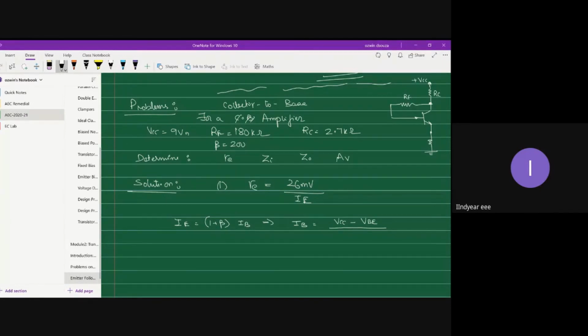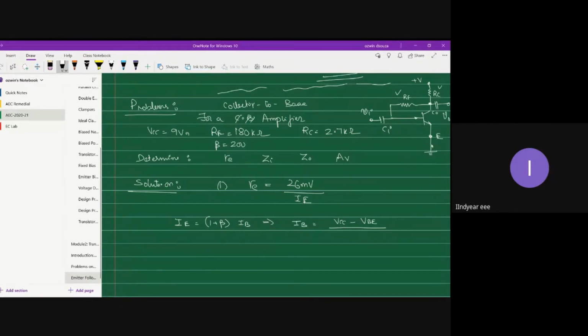This is VCC, and here they haven't given the RE value. So RE is resting at ground potential; directly they have connected this emitter to ground. This is VI, CI, C0, V0. So this is the circuit. RC is given 2.7, RF is given 180, beta is given. That's all we need.